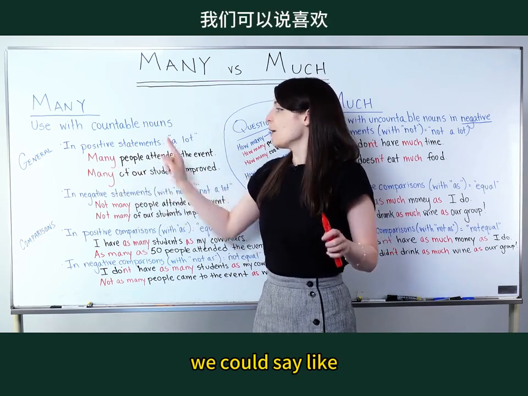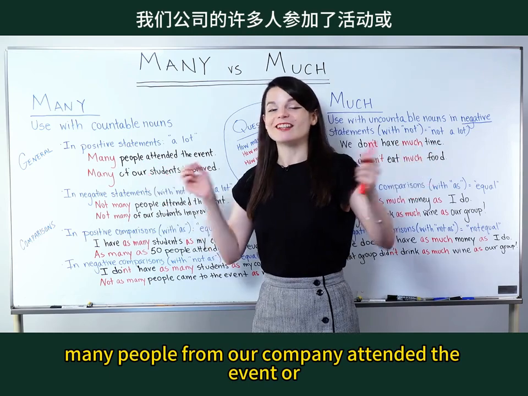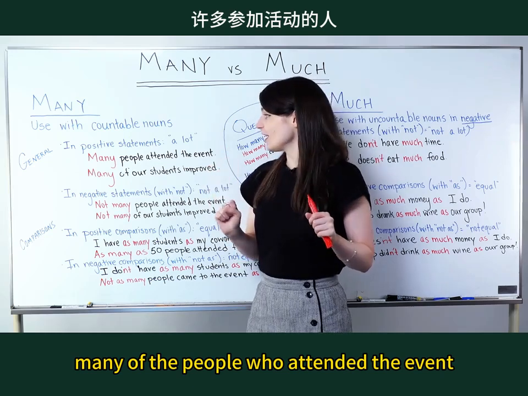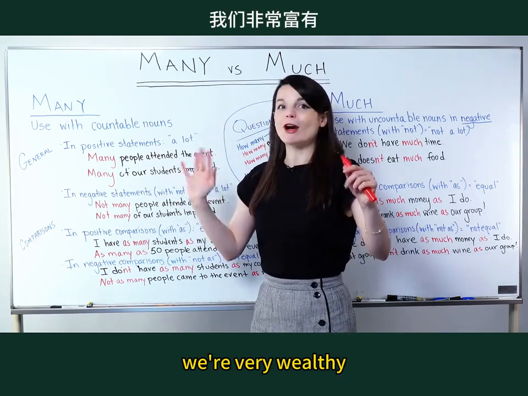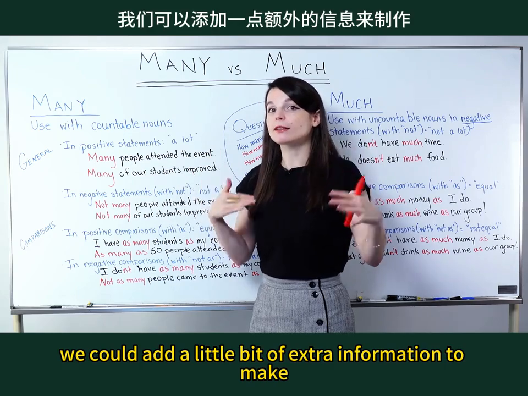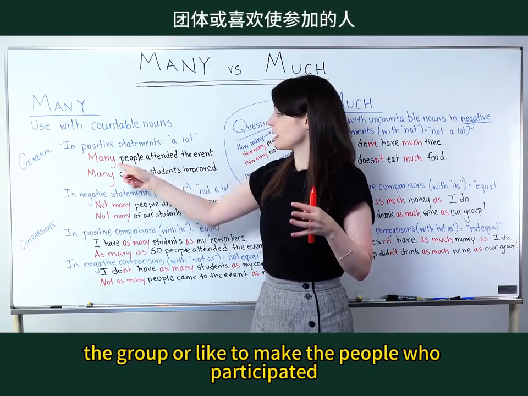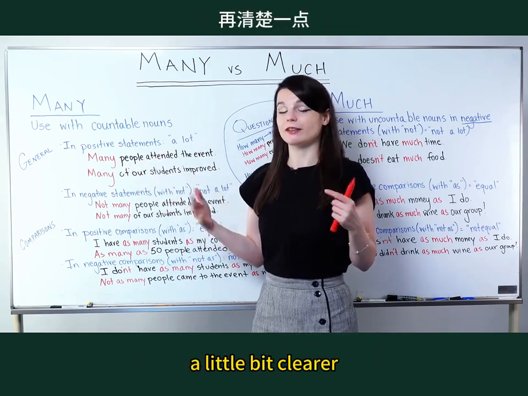We could say many people from our company attended the event, or many of the people who attended the event were very wealthy. So we could add a little bit of extra information to make the people who participated a little bit clearer.